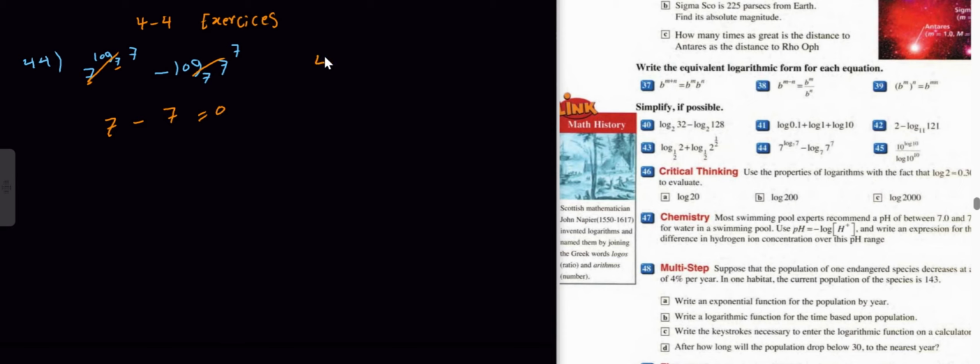For 45, as we know that we have 10, so they will cancel. We just have 10 for numerator. And also that one is 10. 10 with the base of 10 are the same, so they will cancel. 10 is remaining. 10 divided by 10 equals to 1.